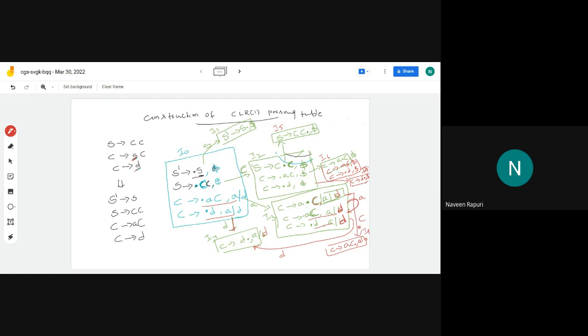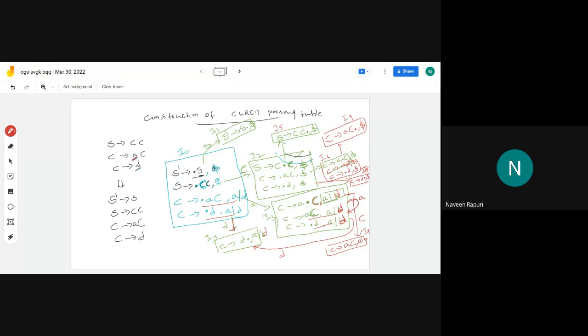Now if we expand it, C derives A C dot comma dollar. After that there are no productions, so for the purpose it is I9, sir.